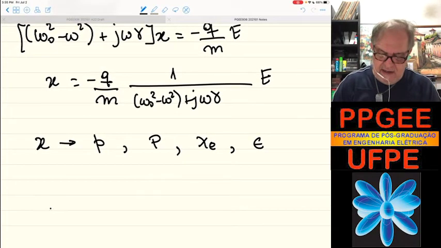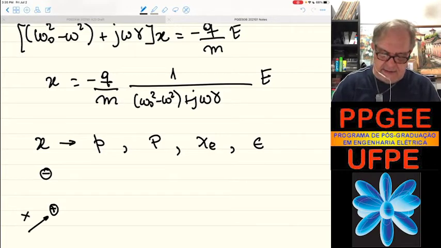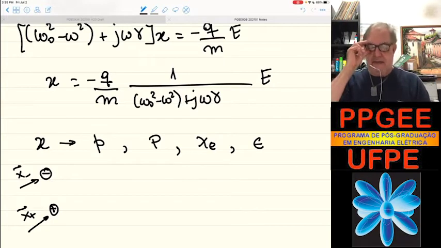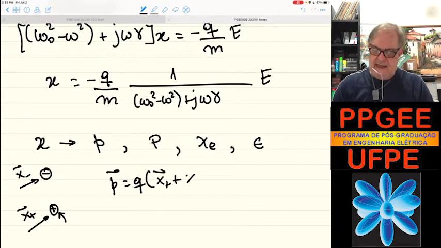So we have here the nucleus and the electron. Let's say that this is x plus, this is x minus, right? So the dipole moment equals the positive charge times x plus, minus x minus, right?